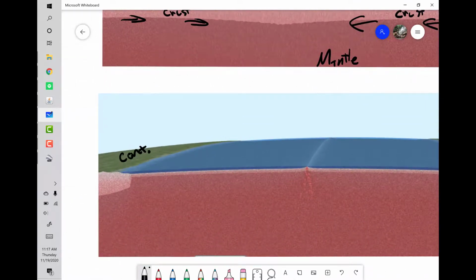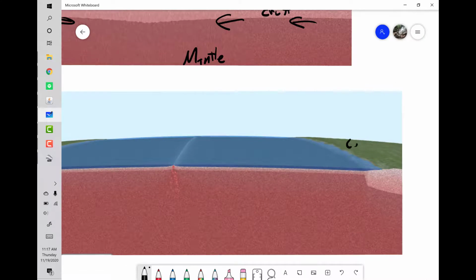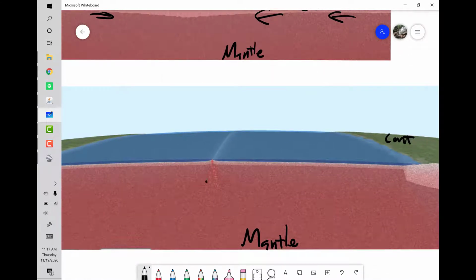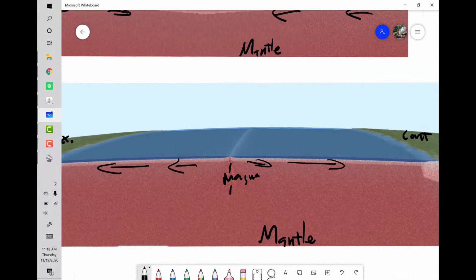So continental crust, you got the mantle. All right, there's some magma rising here. And let's draw the arrows with a ridge. Now it's hard to see here.